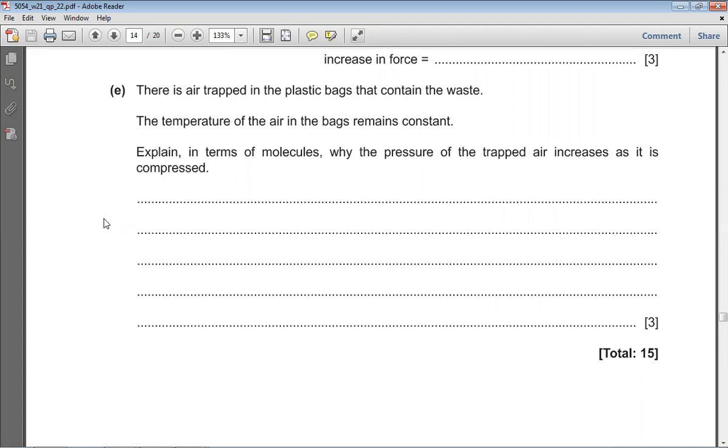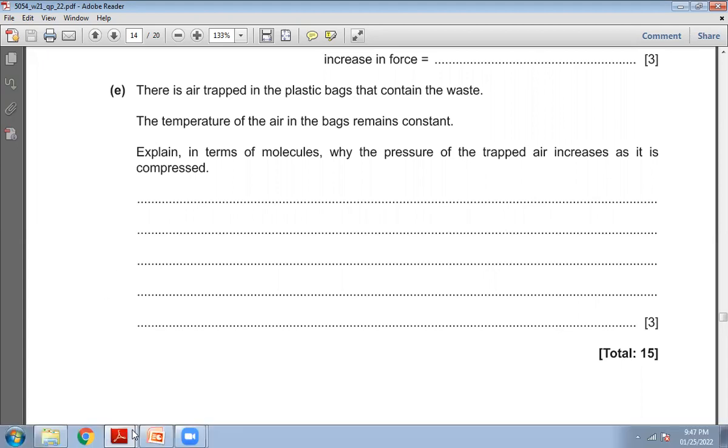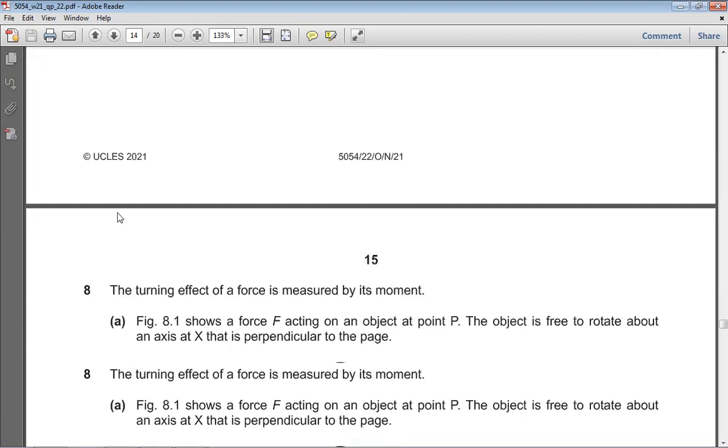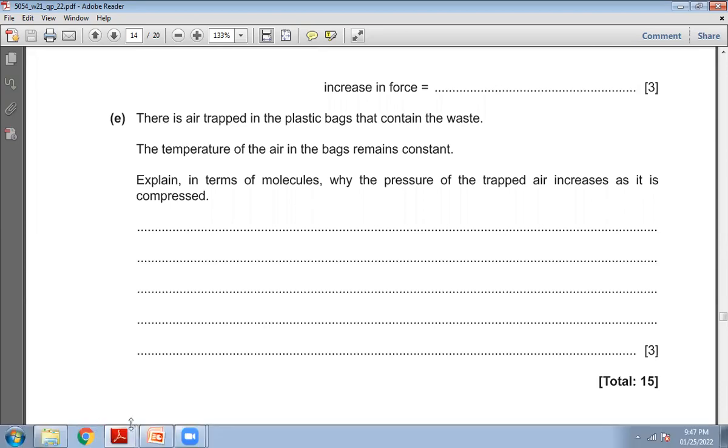So this increases the collision frequency of the air molecules with the walls of the airbag. So that's why the pressure of the air inside the bags will increase. So that is a 3-mark question. Question number 7, part E, and question 7 will be completed.